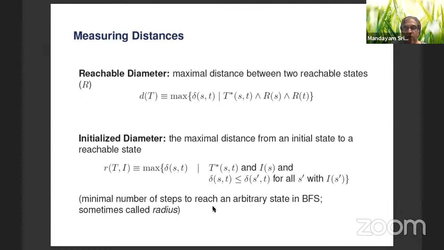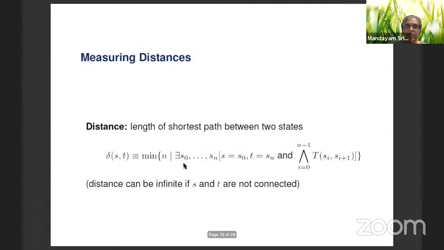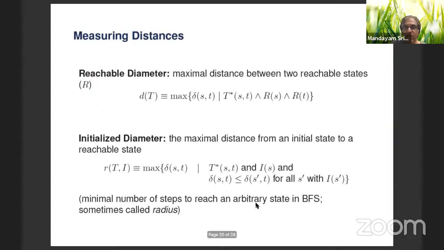The reason for defining this distance as the shortest path is that by doing T star, longer and longer paths, and then taking the satisfying instances, you're doing pretty much a breadth first search.